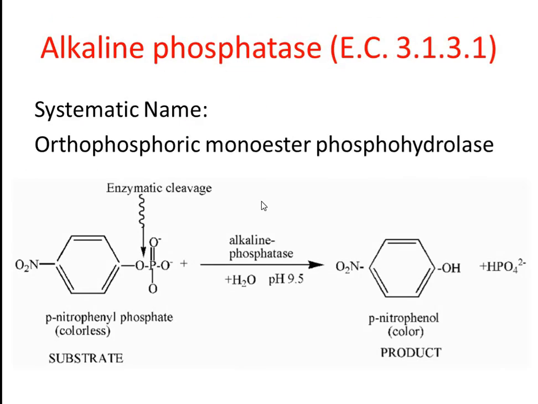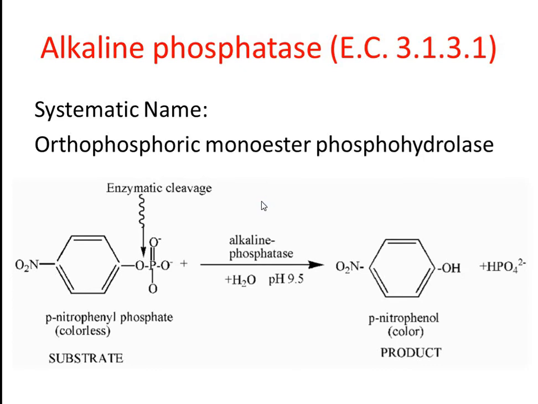Now we will see the example of phosphotransferase. The best characterized example of phosphotransferase is alkaline phosphatase, which is indicated by EC number 3.1.3.1. This enzyme is known by the systematic name orthophosphoric monoester phosphohydrolase.